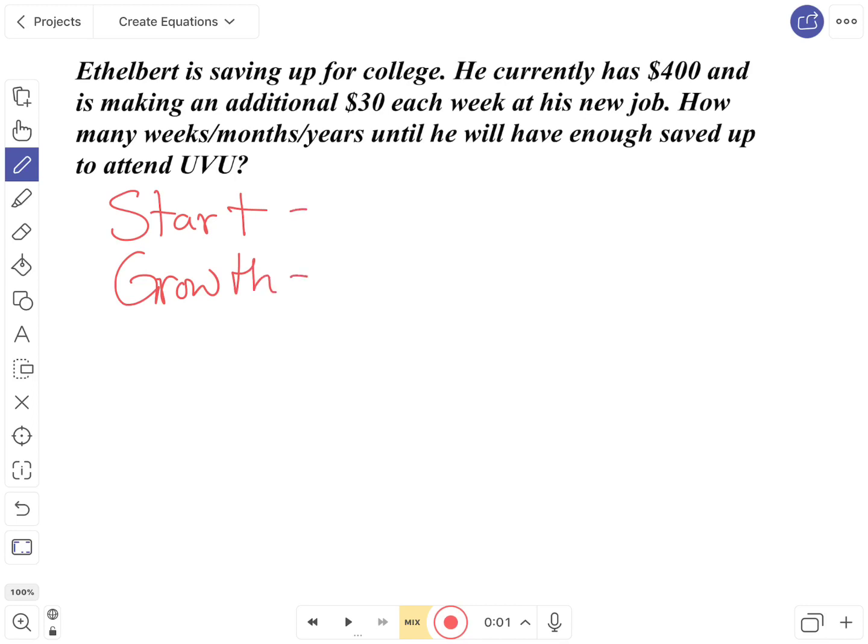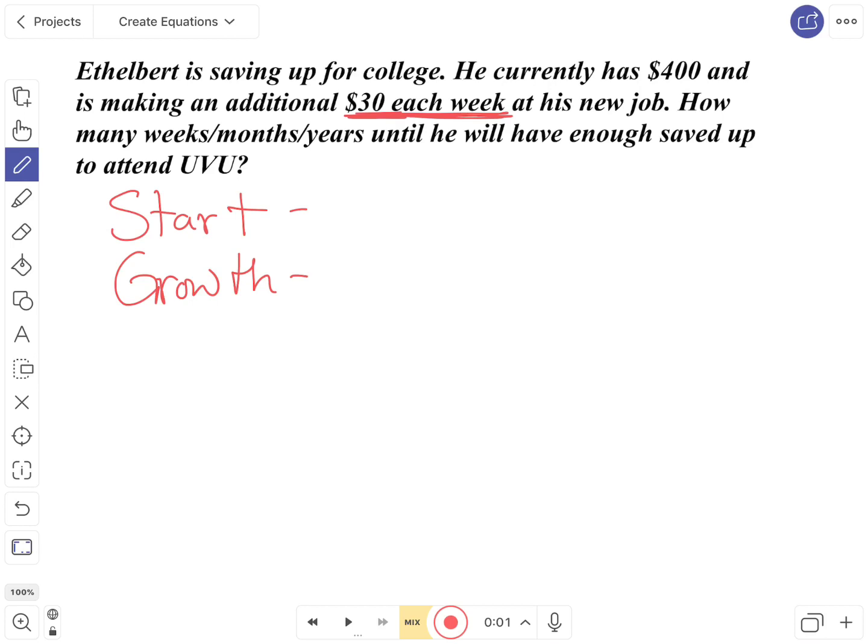So he's saving up for college. It says he currently has $400 and is making an additional $30 each week at his new job. So each week, he has $30 more he's earned, and we're assuming that he's saving it all, because it doesn't tell us otherwise.